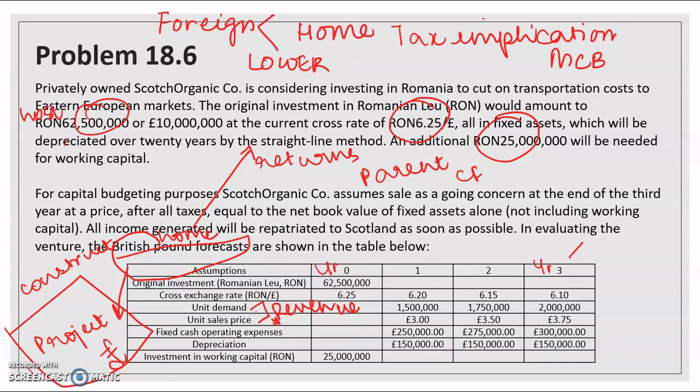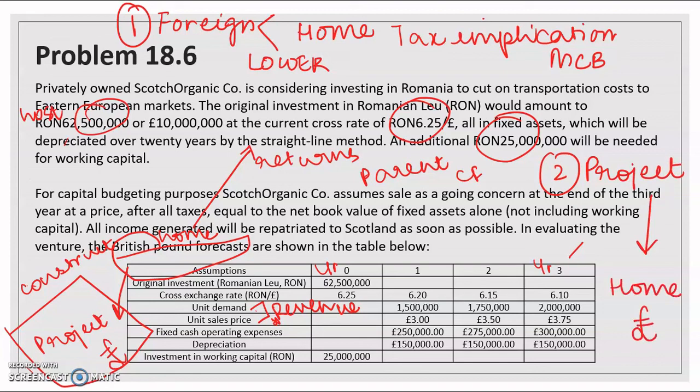So that's the first unique thing about this numerical. The second unique thing is the project viewpoint is calculated in the home denomination or the home currency. Okay, so there is very limited scope for exchange rate implication here. We're just starting off with pound denomination calculations and continuing the journey.